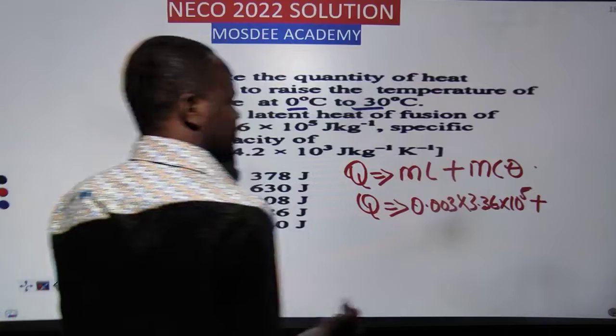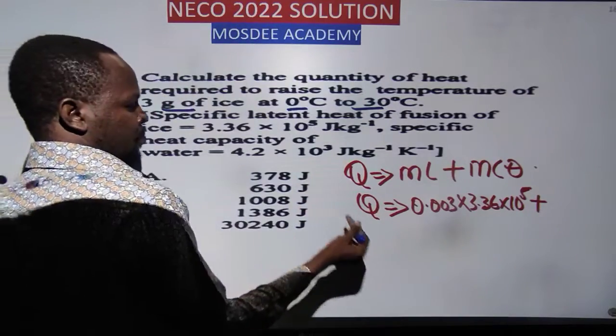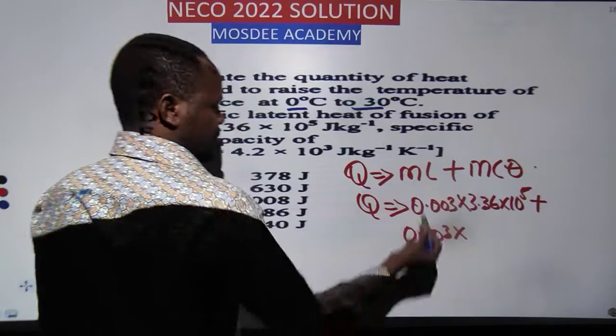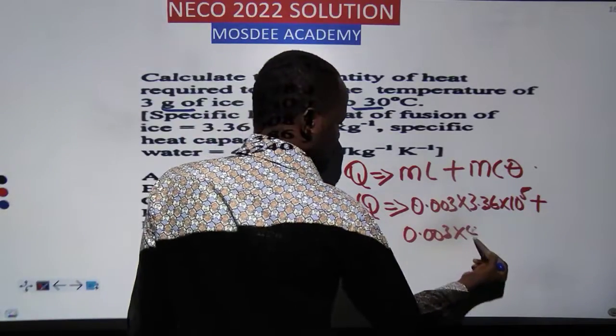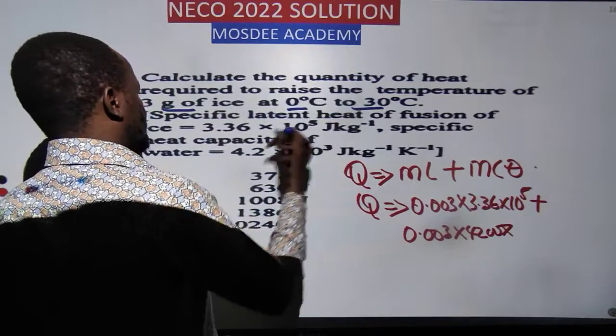I'm adding that to the answer of mc theta. Mc theta, I'll write that one under here. M is still 0.003 times C is 4,200 times the change in temperature, 30 minus 0.